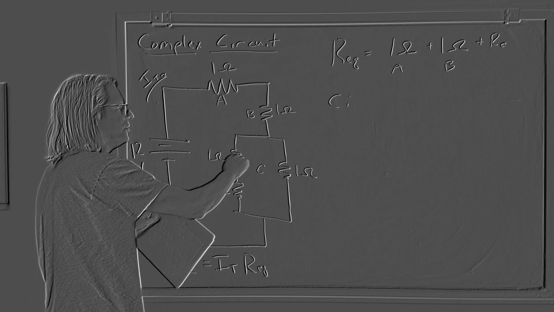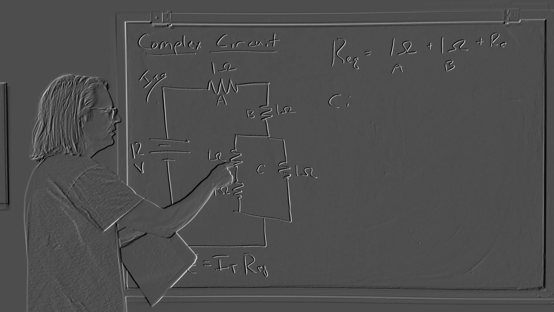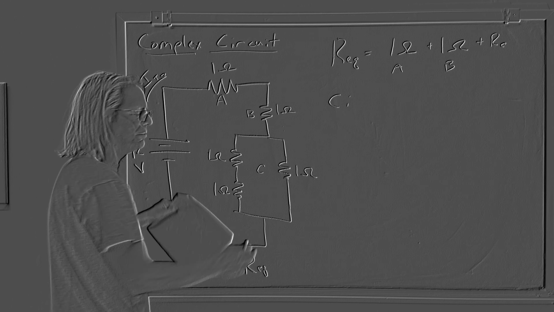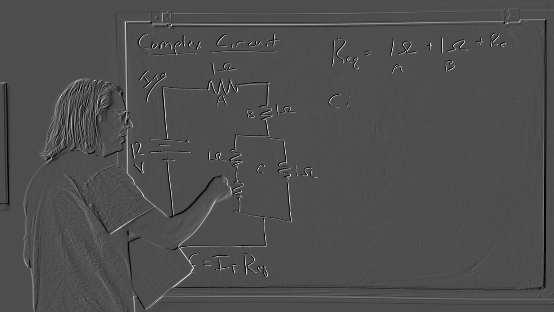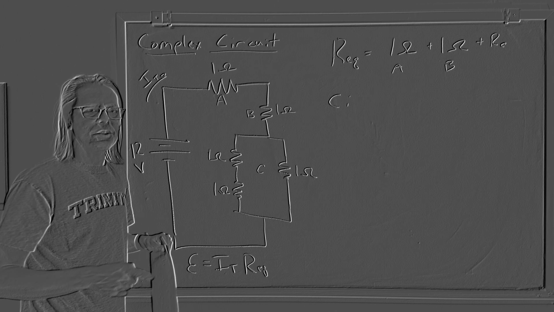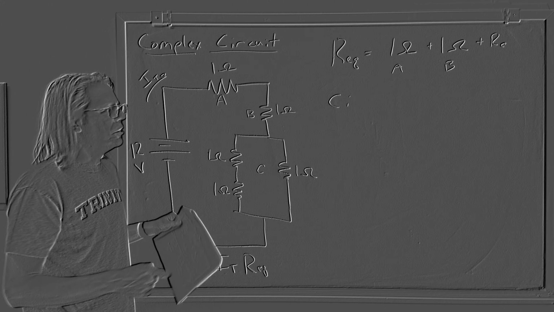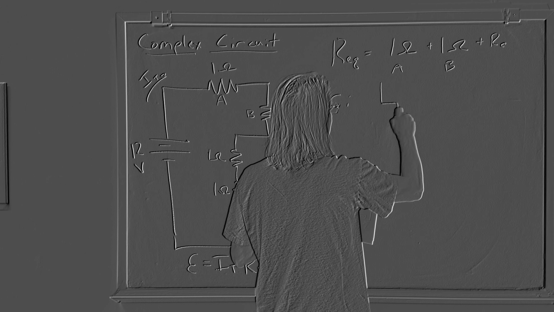It's 2 branches in parallel. One of the branches is 1 ohm, the other branch is 2 1 ohms in series. Well, what is 2 1 ohms in series? 2 ohms.